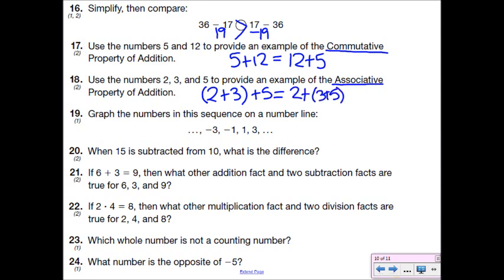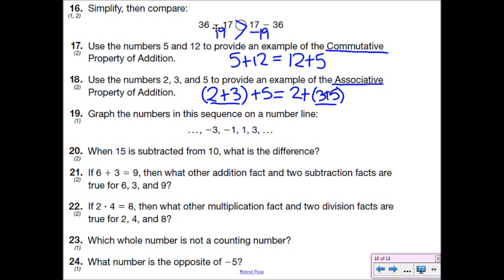And remember, parentheses are what we would do first. So on this side it tells us 2 plus 3 is 5, plus 5 is 10. On this side it says 3 plus 5 is 8, plus 2 is 10. But in both cases our answer is 10. And this is just one of the right answers for number 18. You could reorder that in any way, and you could have 5 plus 2 plus 3, grouped differently.